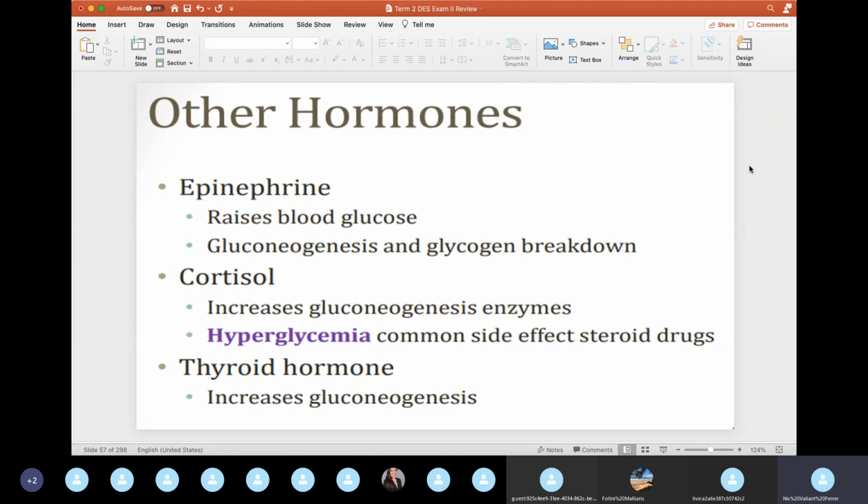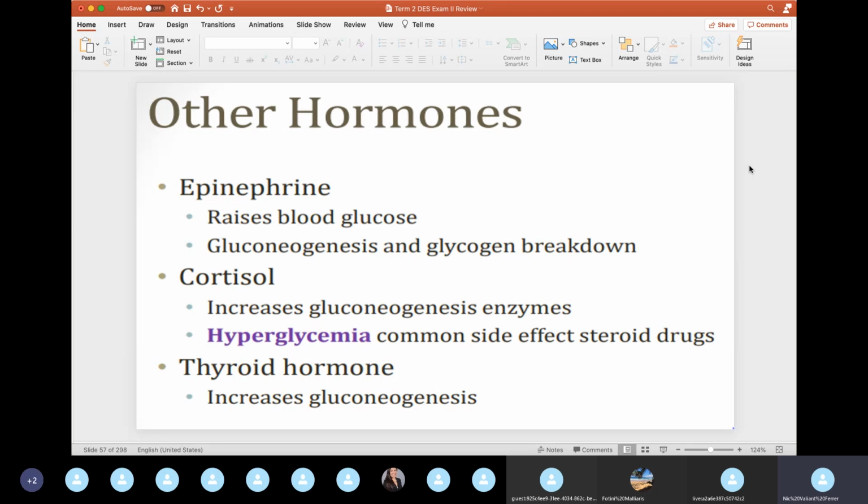The rate limiting step in gluconeogenesis is fructose 1,6 bisphosphatase. This is activated by ATP, inhibited by AMP and fructose 2,6 bisphosphate. And then the last step, from glucose 6-phosphate to glucose, you need glucose 6-phosphatase.